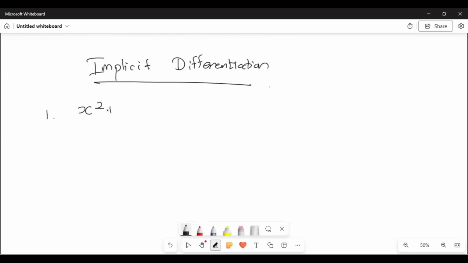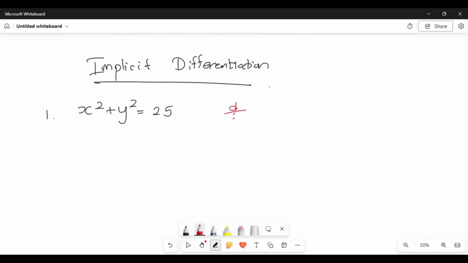x to the power of 2 plus y to the power of 2 equals 25. So now we need to find d over dx. For that, we can write it like this: 2 times x plus 2 times y times dy over dx equals 0.